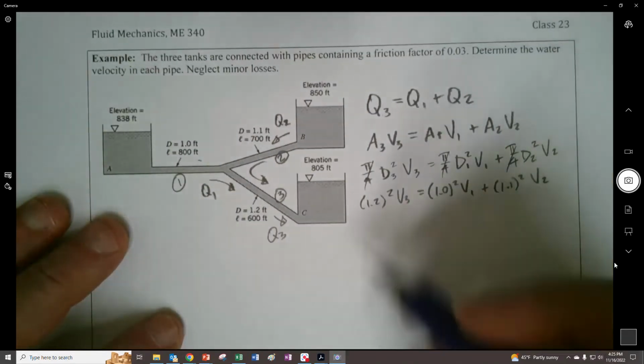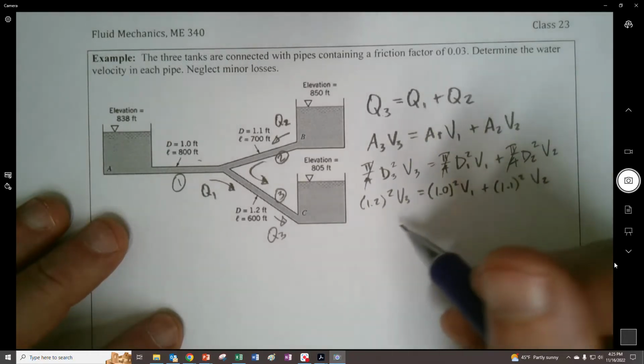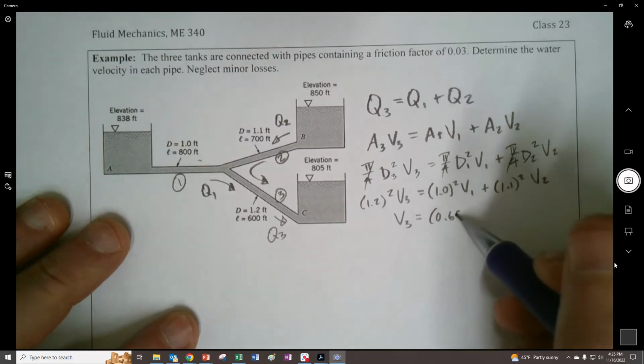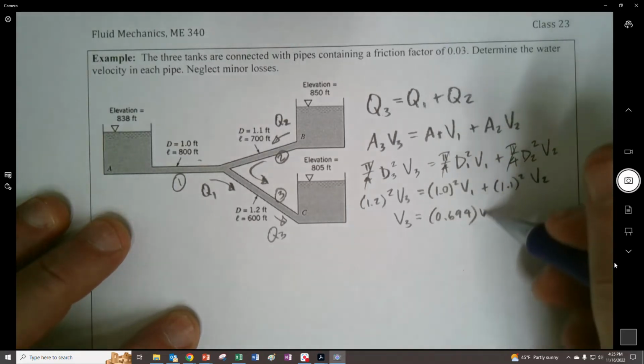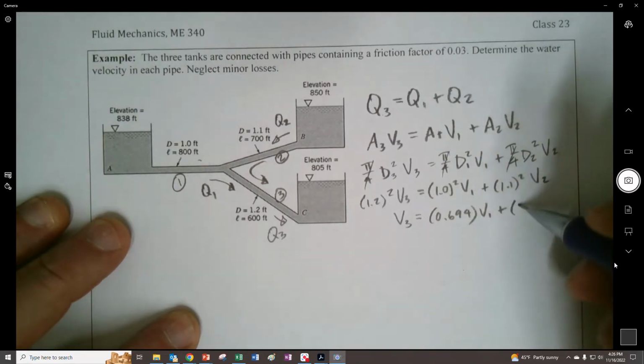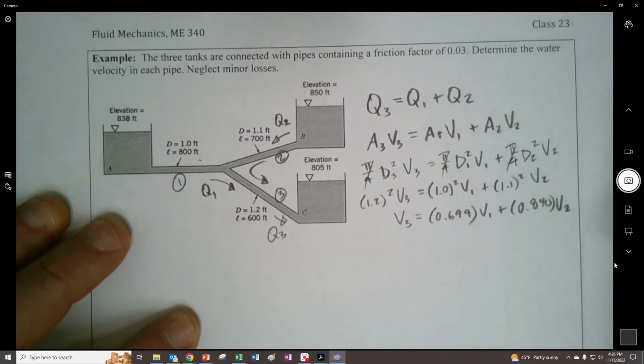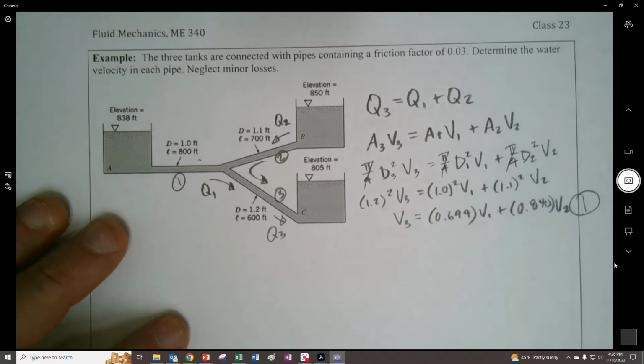Working this out and solving for V3, we get 0.694 V1 plus 0.840 V2. We'll call that equation 1.